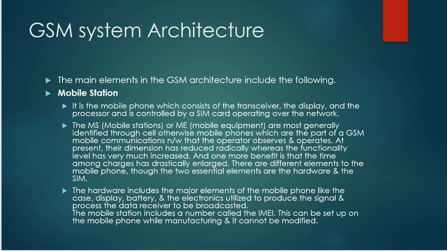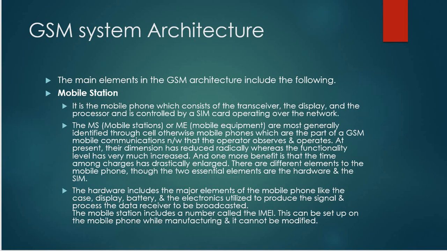Okay. These MS mobile stations and ME mobile equipment are most generally identified through the cell. Otherwise, mobile phones, which are part of the GSM mobile communications network that the operator observes and operates.